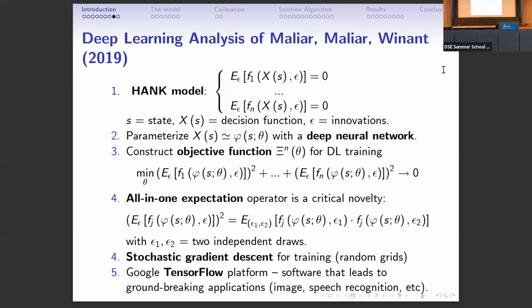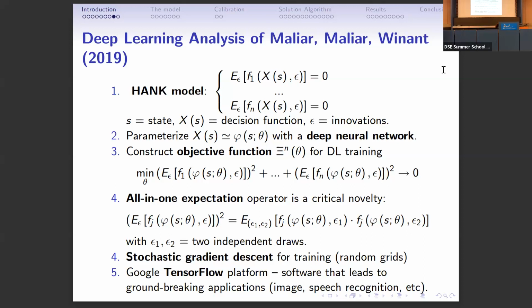Then when you do stochastic gradient descent and you need to compute the gradient of the loss function, you will need to compute expectations, right? And so the idea behind this technique is to say, okay, according to Jensen's inequality, the square of the expectation is not equal to the expectation of the square, right?